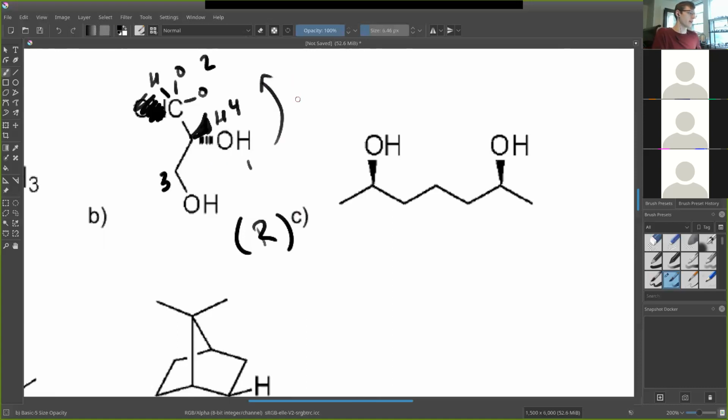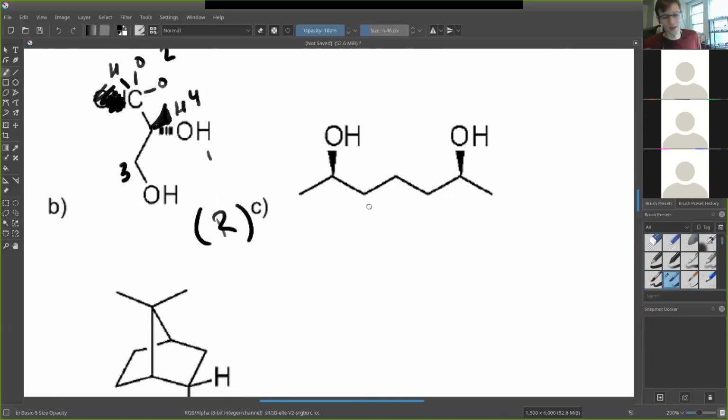So the numbers go this way, which would normally be S, and then we flip that, so it's R. Or you just do this the safe way and rotate the molecule. The ultra safe way is to build the molecule and then just do it that way.